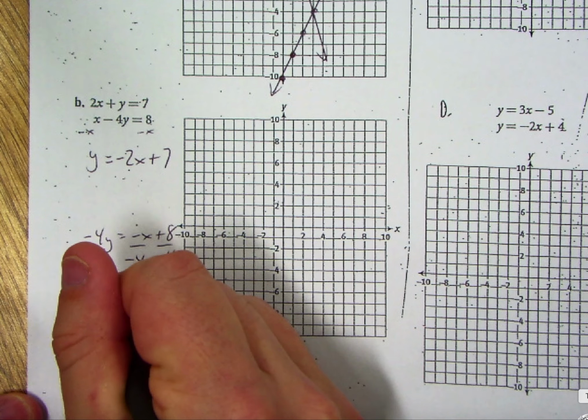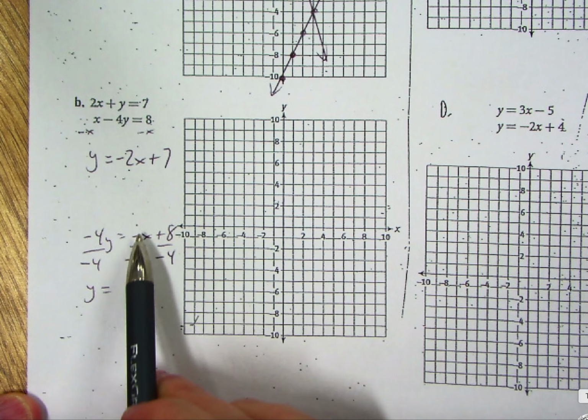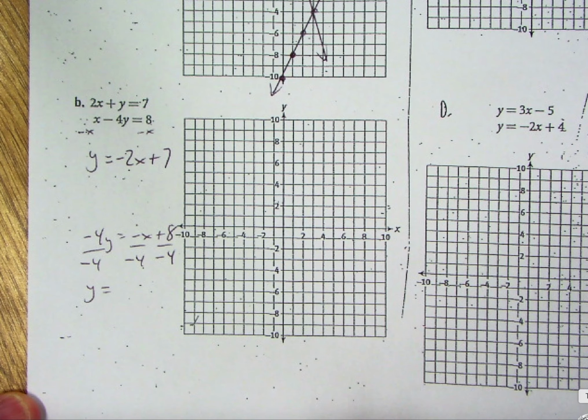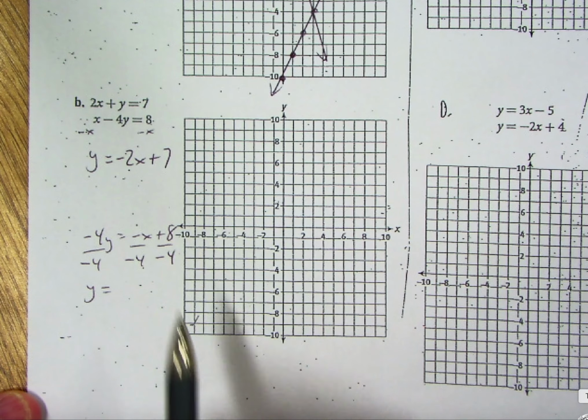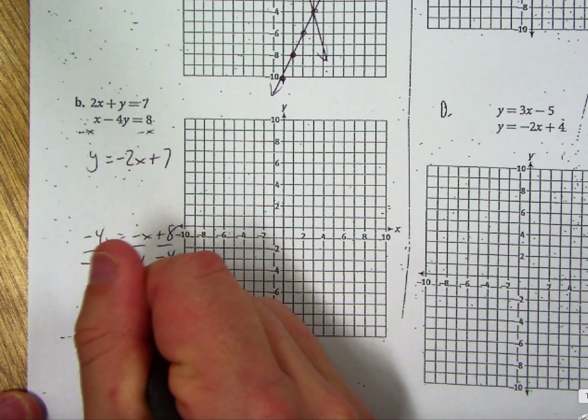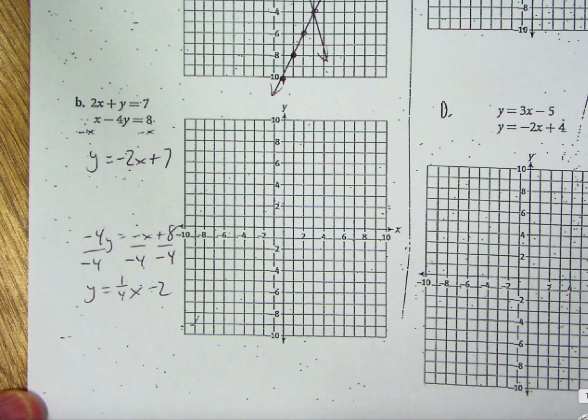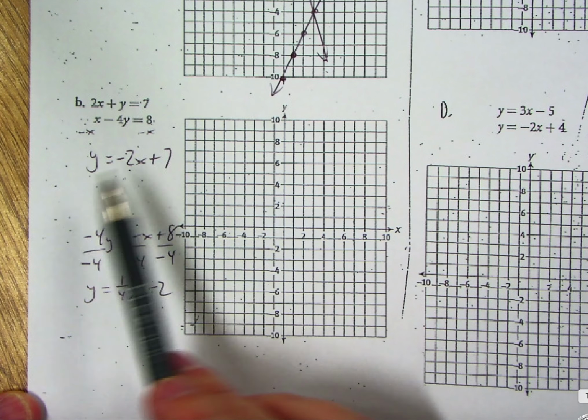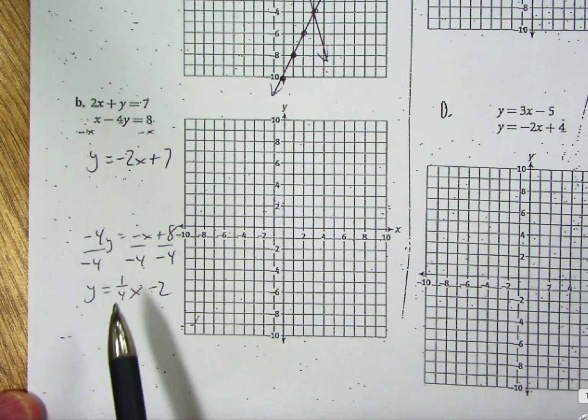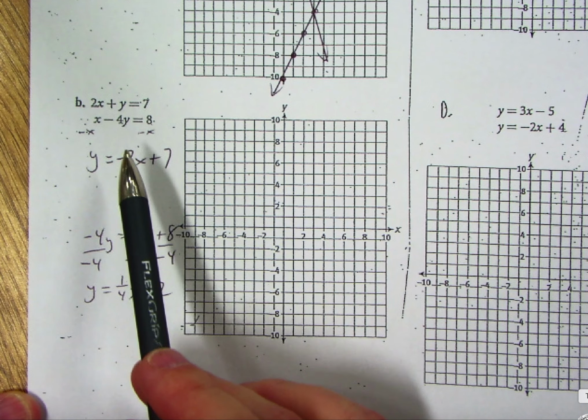So y equals, well, this becomes +1/4 x. It doesn't become 4x. That's probably the biggest mistake students make. They'll say this is 4x, but it's 1/4 x, and then -2. And then I'm not going to keep going, but you would just graph both these lines and see where they cross. I just wanted to remind you how to get y by itself.